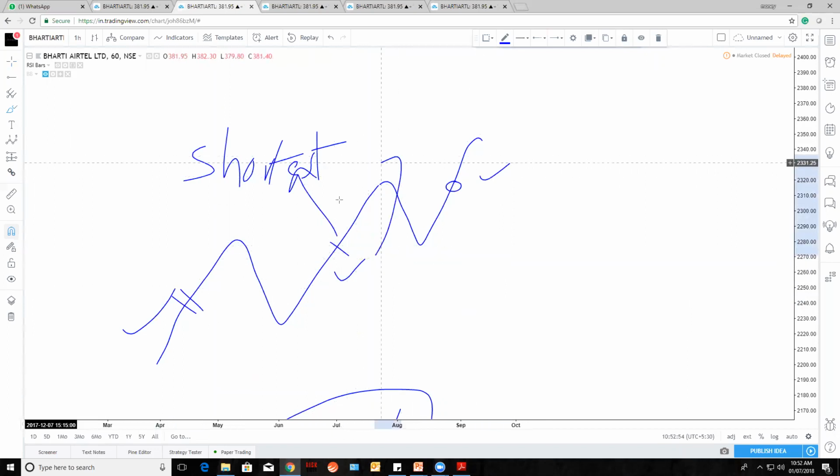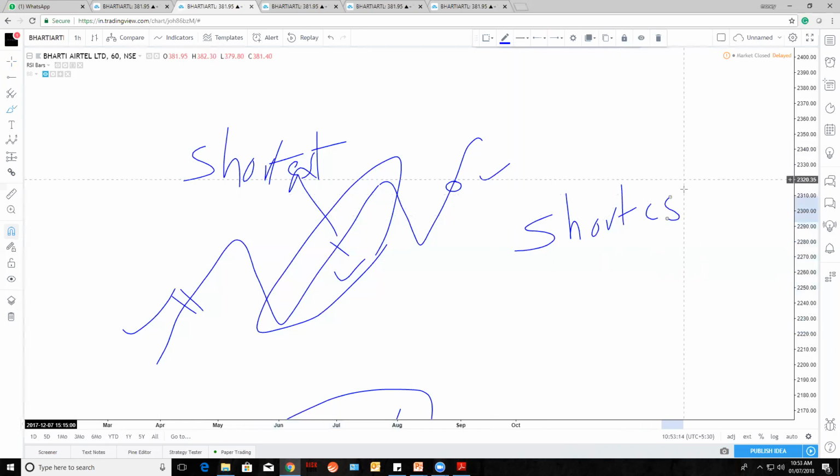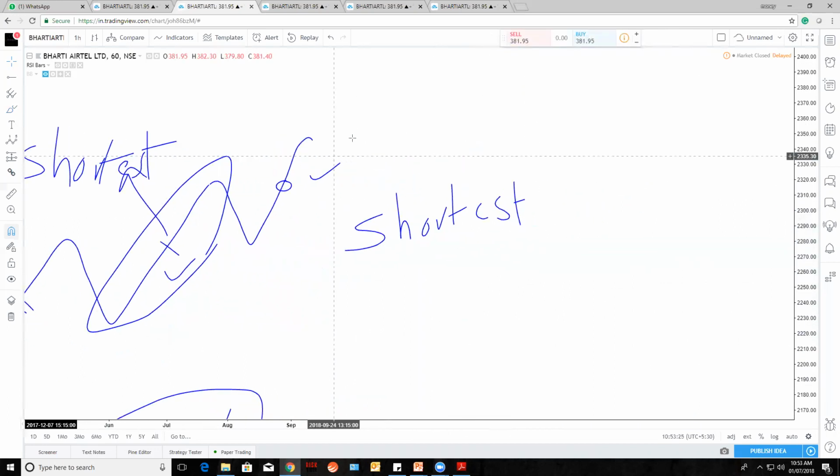It can never be the shortest wave. This is one possibility: wave 1 is bigger, wave 3 is less big, and wave 5 is smaller than wave 3.